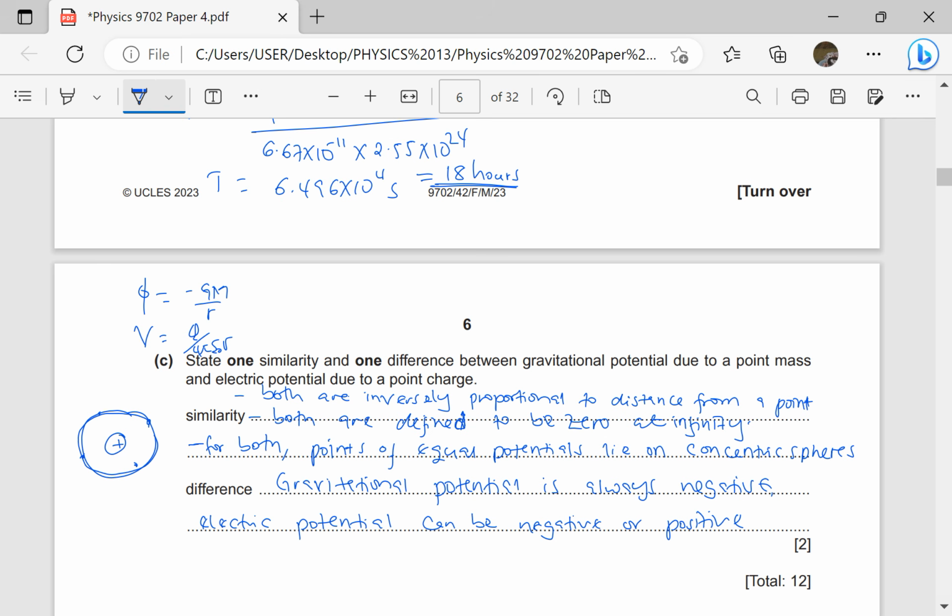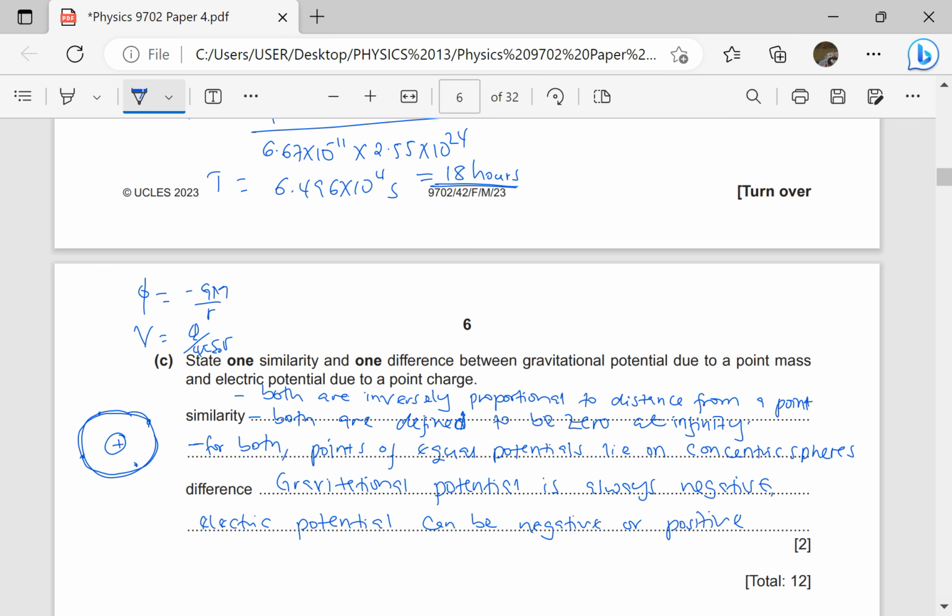If the charge is positive, electric potential is positive. If the charge is negative, electric potential is negative. Electric potential can be positive or negative because we can have attractive or repulsive forces with the charges. But for masses, masses always attract each other. So the gravitational potential is always negative.